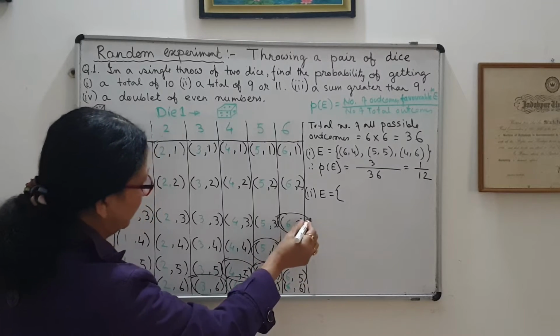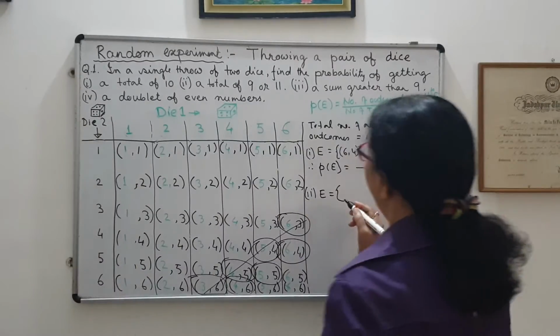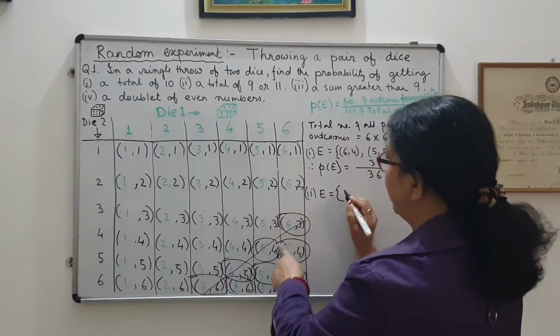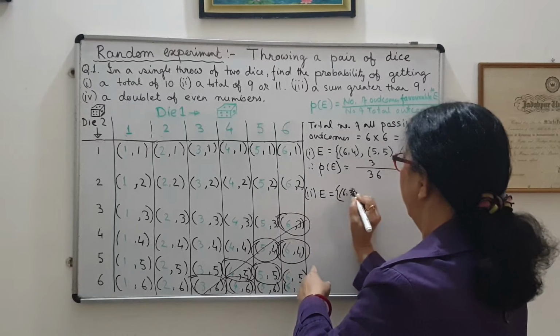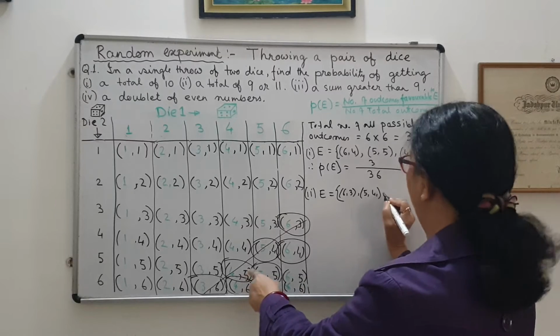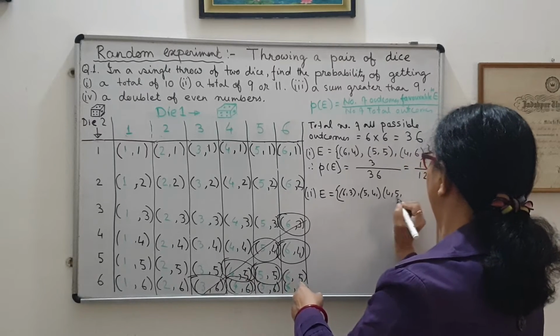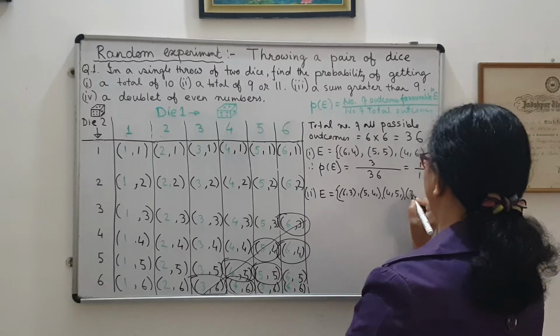That is 4 elements in this diagonal. Let me first write down, sum will be 9. So it will be (6, 3), (5, 4), (4, 5), and lastly (3, 6).